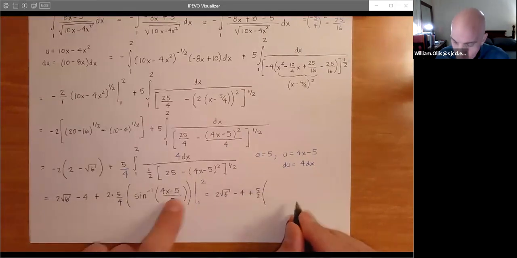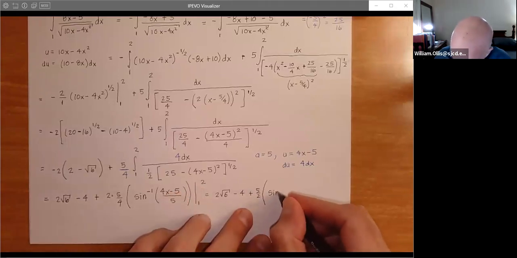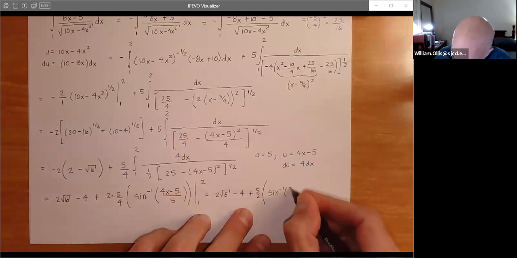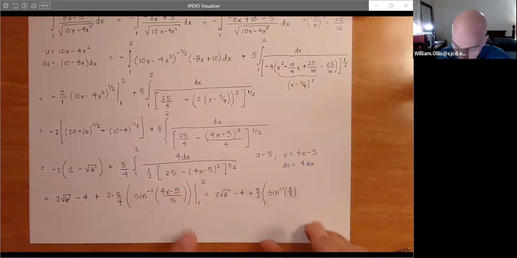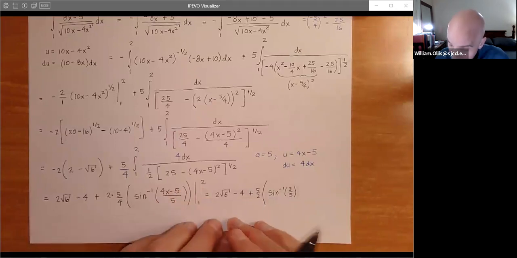And now we can substitute the 2 into the argument here. So that would give us an 8 minus a 5, which is a 3/5. So inverse sine of 3/5. And of course, that's not on our unit circle, so we just leave that alone. And then for the lower limit, we'll have the 4 minus the 5 over 5. So that'll be a -1/5.